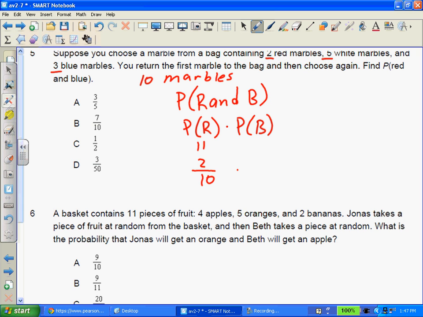And P of blue equals 3 out of 10. So we multiply this across, and we get 6 over 100, or 3 out of 50. And that's answer D.